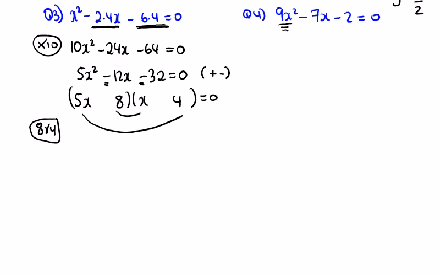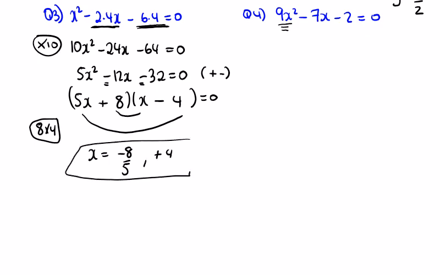But we want minus 12, so it's going to be minus 20 plus 8. So x is equal to minus 8 over 5 and plus 4. Now, how could I see that it was 8 and 4? Well, I'd normally start with one of the factors somewhere in the middle. And it just jumps out. When you practice these a lot, the answers jump out from the screen or from the page or from the book or whatever you're using.